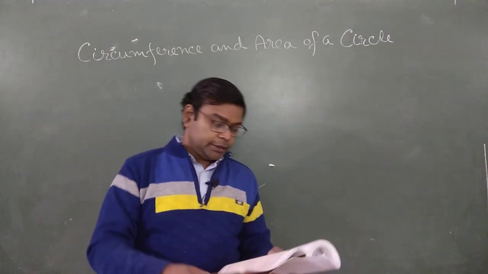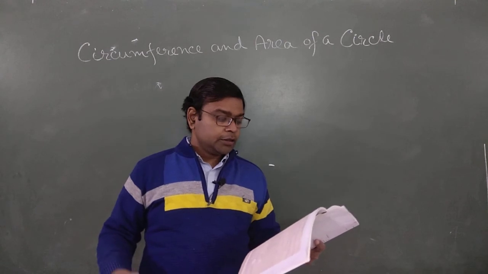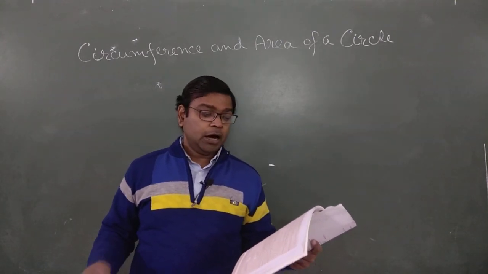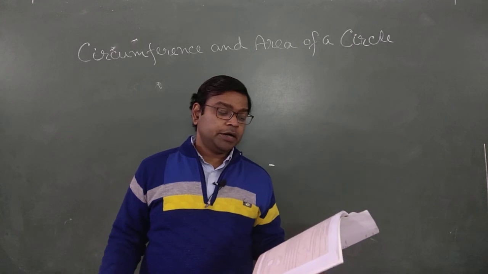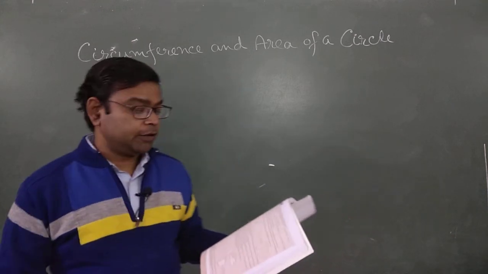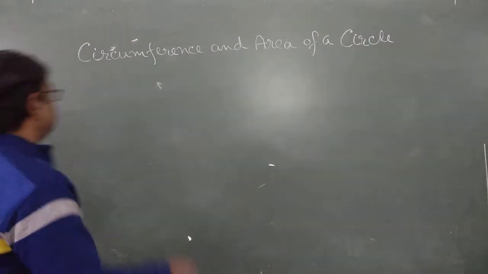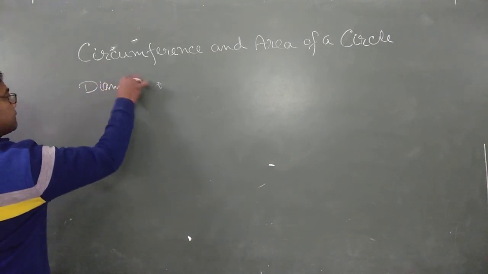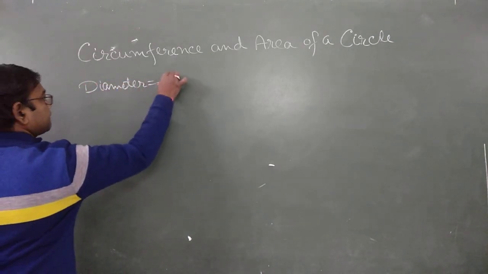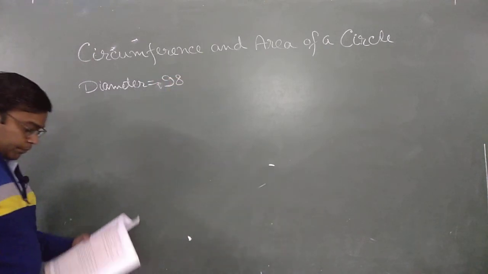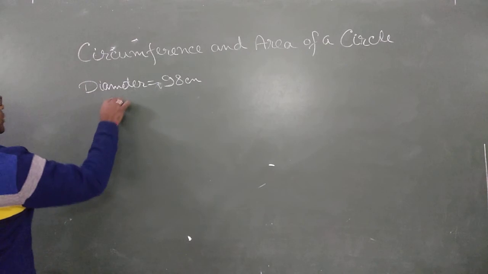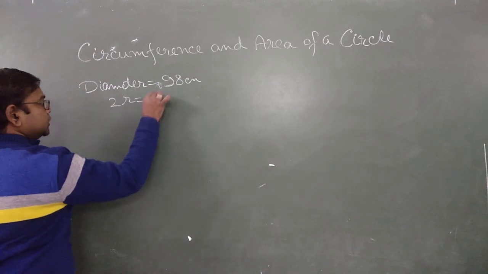In this question it says that the diameter of a wheel is 98 centimeter. In how many revolutions will it cover a distance of 1540 meter? So the diameter is given to us. As we know, diameter is 2r, so 2r is 98 centimeter.